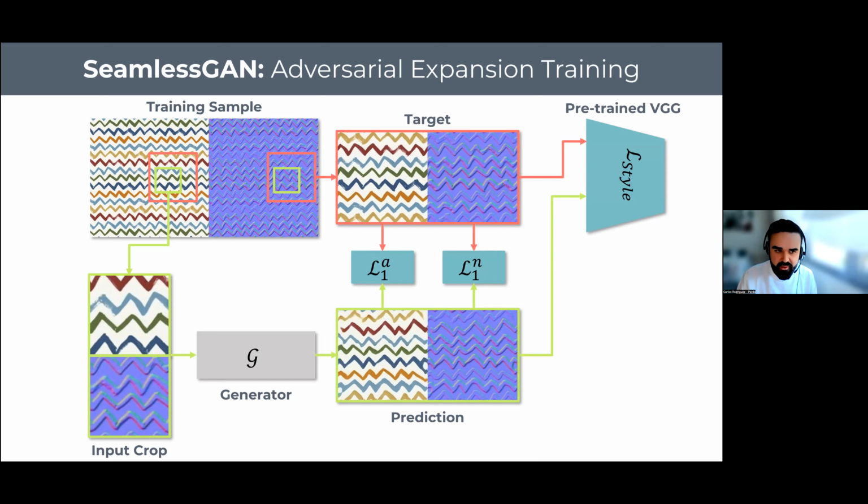And the main component of our training procedure is the discriminator, which becomes our adversarial loss. As in standard practice for GANs, for each element in the batch, we first train the discriminator to distinguish between real and fake images, and then we train the generator to provide more realistic images.